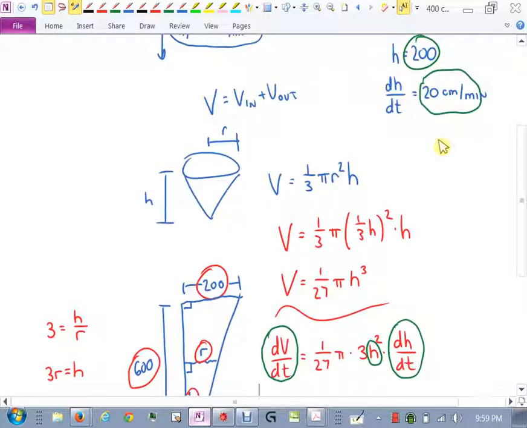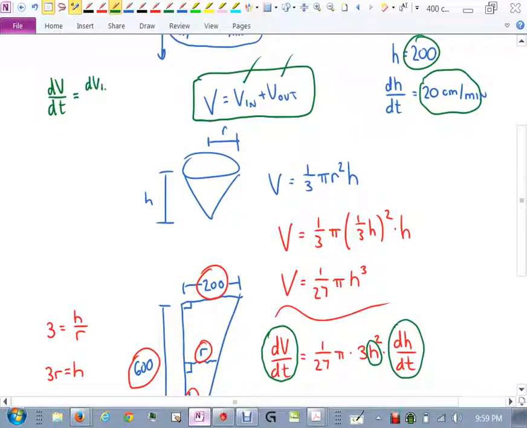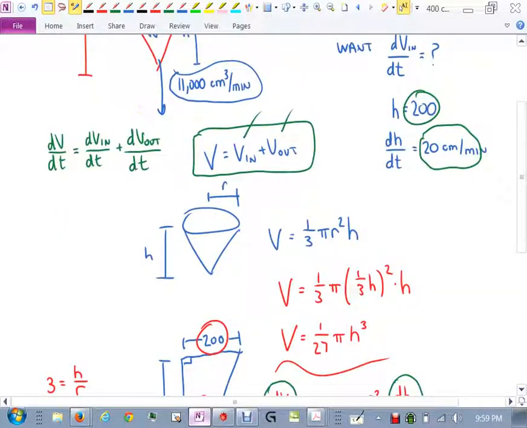So coming back up to this formula, if I take the derivative there, I would have dV/dt on the left side equals, now this is just two terms, you just differentiate term by term, dV in/dt plus dV out/dt.